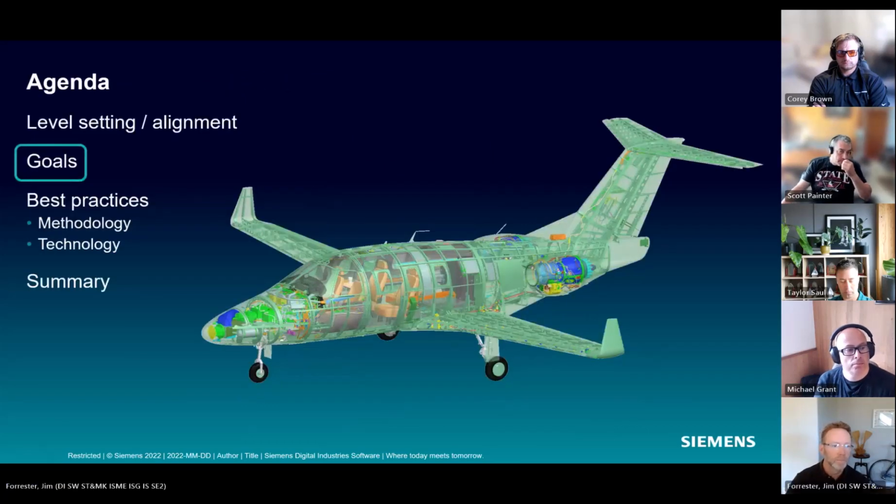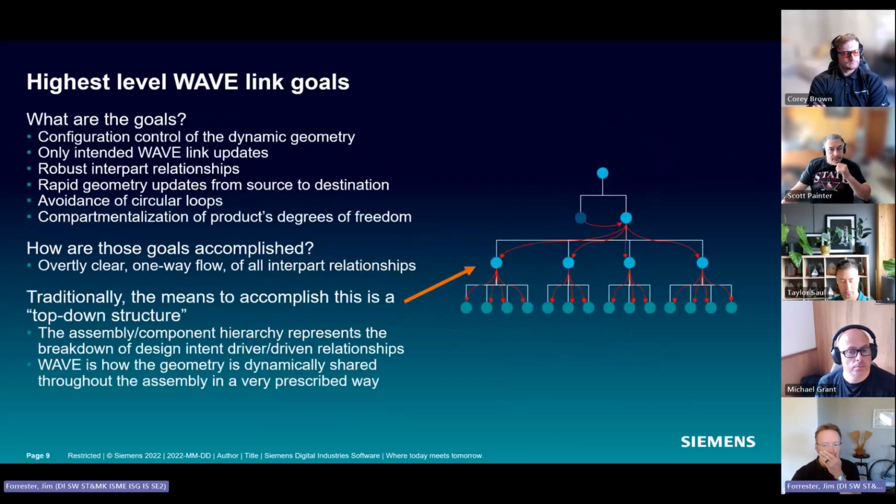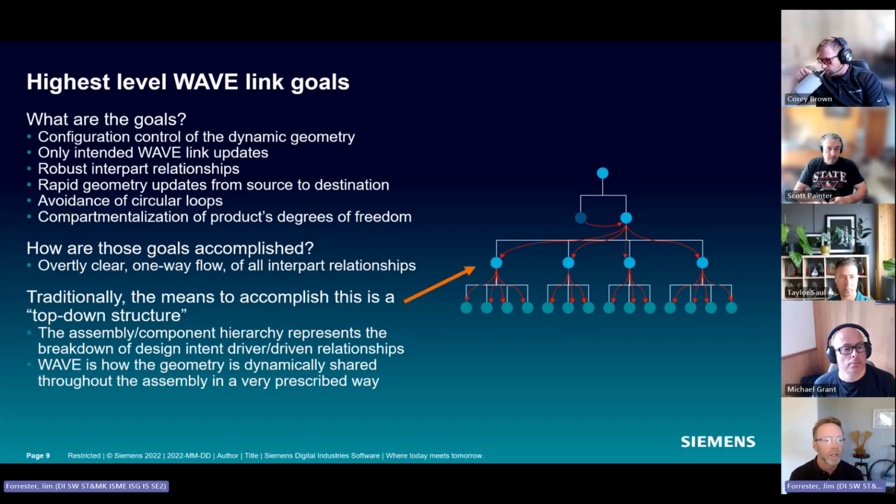Okay, all right. Goals. The highest level wavelength goals. All the best practices are related to trying to achieve these goals. And they are configuration control of the dynamic geometry, only intended wavelength updates, robust interpart relationships, rapid geometry updates from source to destination, avoidance of circular loops, and compartmentalizing of the product's degrees of freedom.